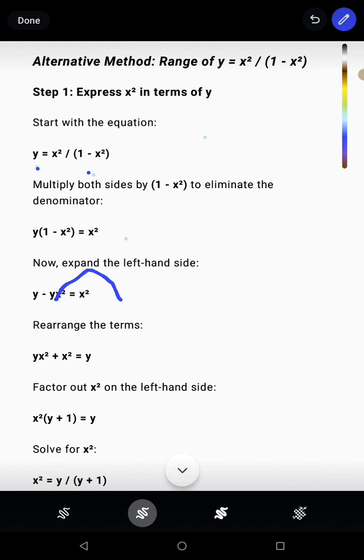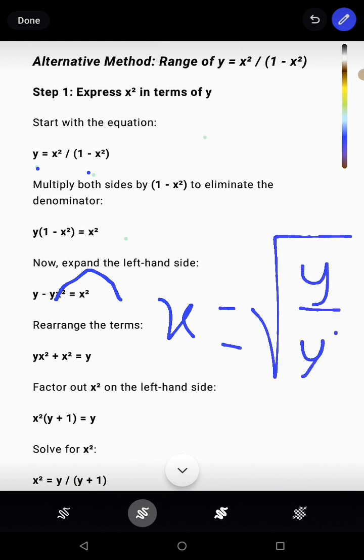So we factorize X squared, then dividing both sides by Y plus 1, X squared equals Y over Y plus 1. So X is going to be the root of Y over Y plus 1.